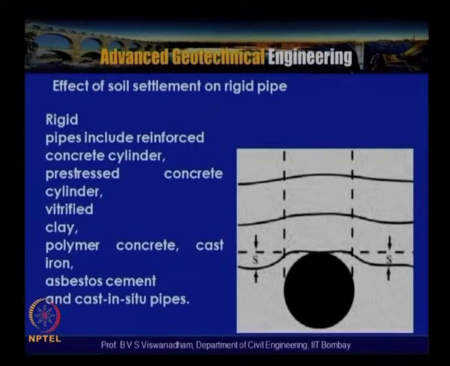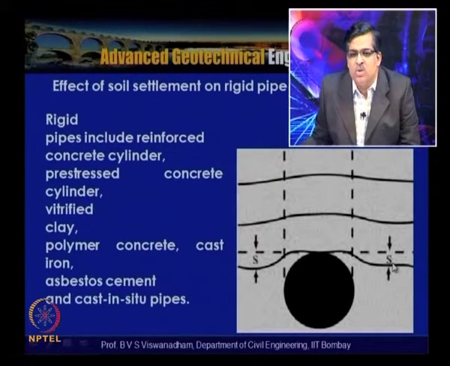What we can see is that, in the effect of soil settlement, the structure is rigid here. So this is a type of passive arching condition, what we discussed. The surrounding soil undergoes differential settlements, but because of the inherent rigidity, the structure will not undergo any differential movements.